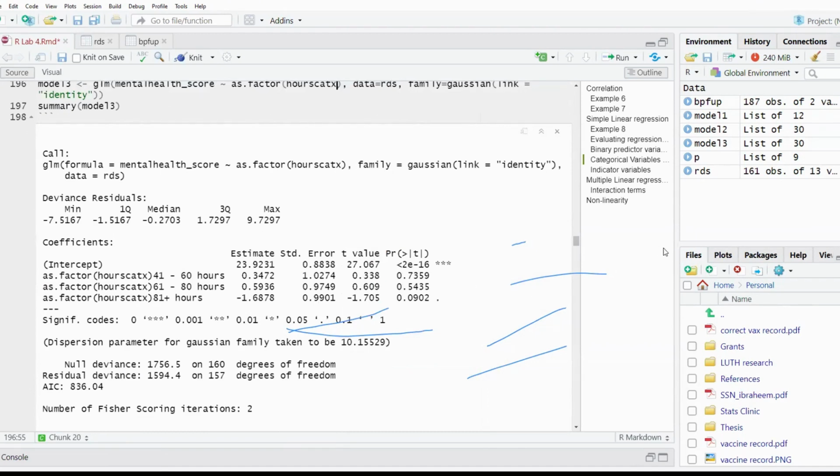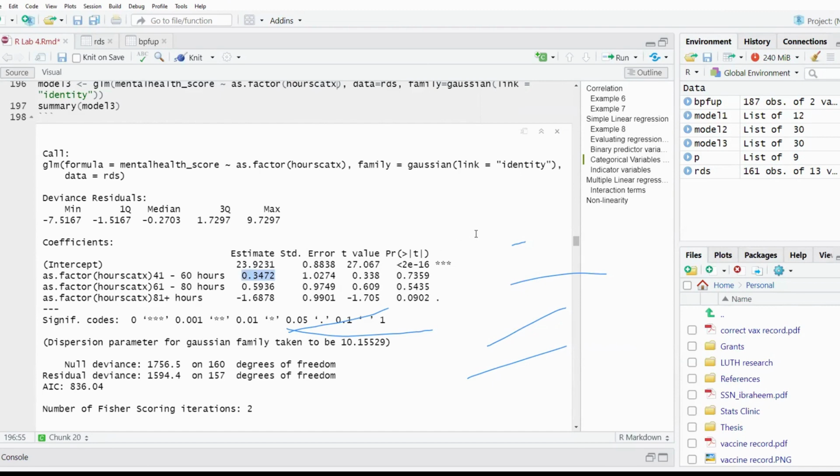So Gloria, can you go first? Okay, let me give it a try. If you look at the results that we got, you will see the categorical variables of 41 to 60 and 61 to 80. Just interpret one first.